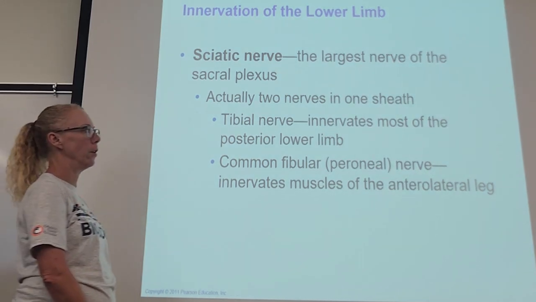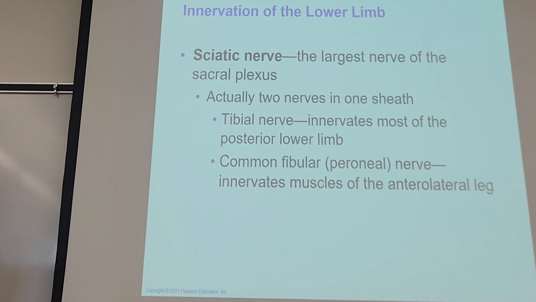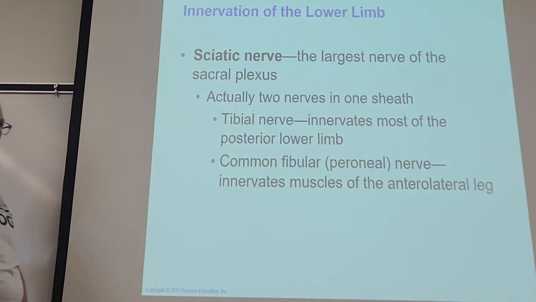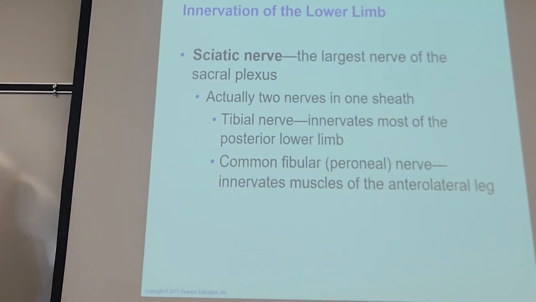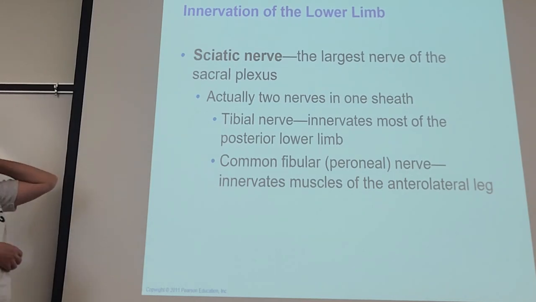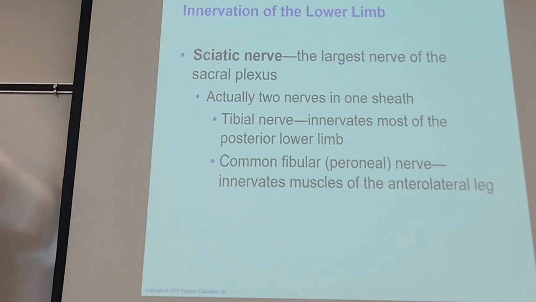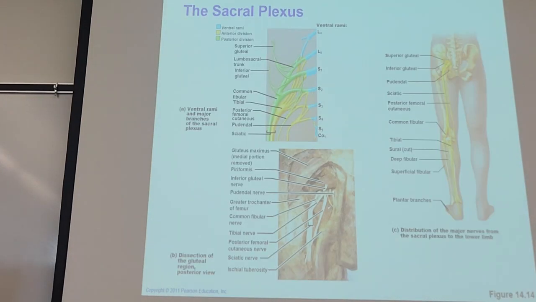Common fibular or peroneal nerve, what kind of muscle do you think that would innervate? That you already identified. Fibularis or peroneus longus. Yep. Again, all of these peripheral nerves are coming from ventral rami of spinal nerves. Since we're talking about sacral plexus here, it's going to be somewhere from L4 to S4. We're just not memorizing that level of detail.